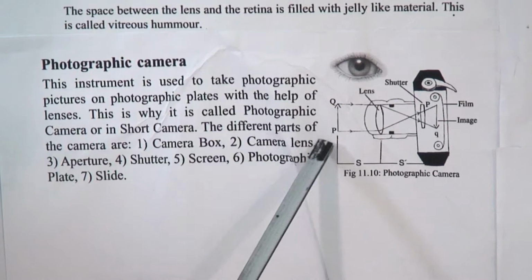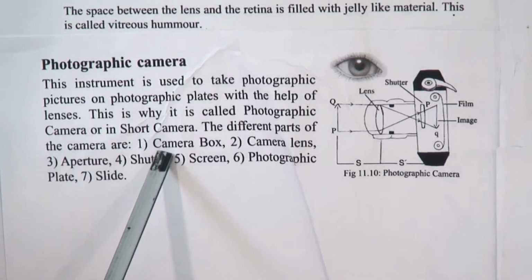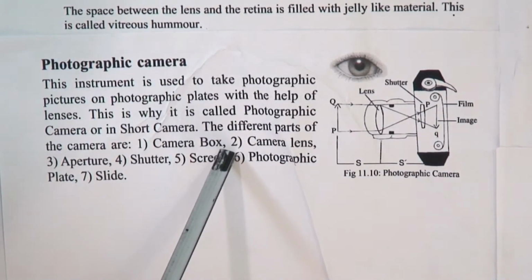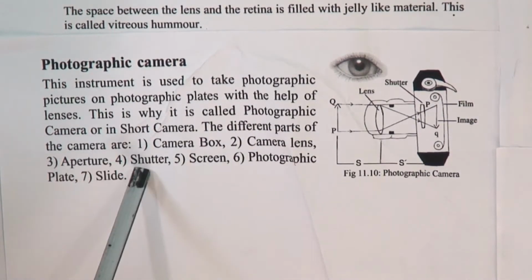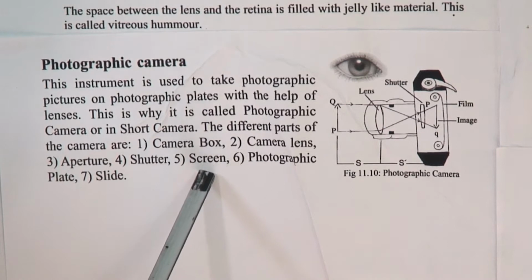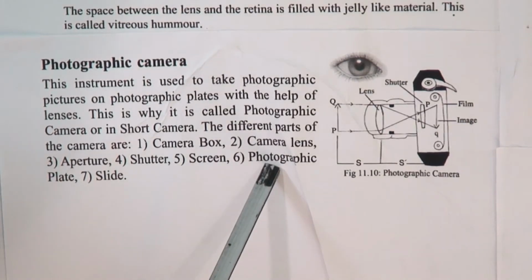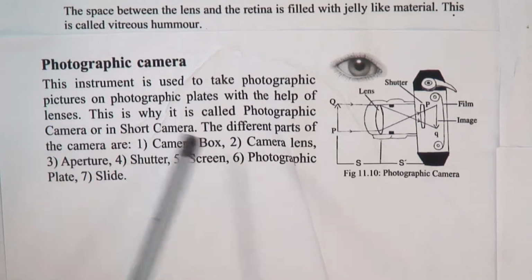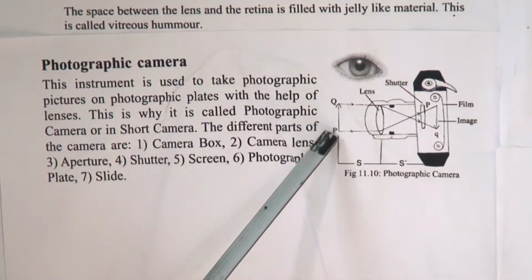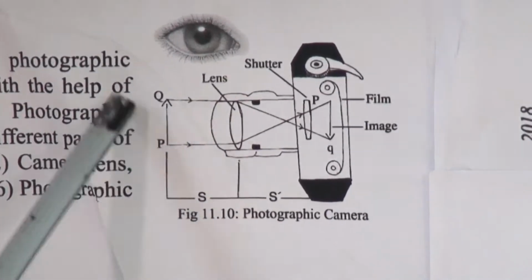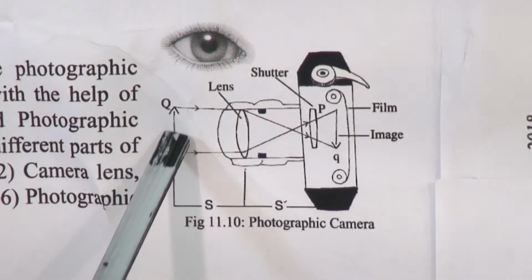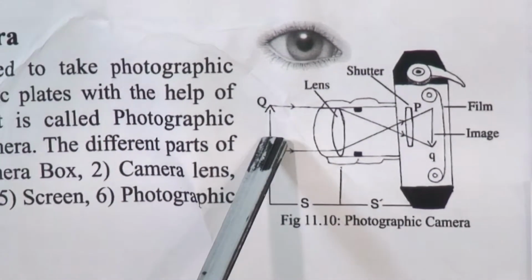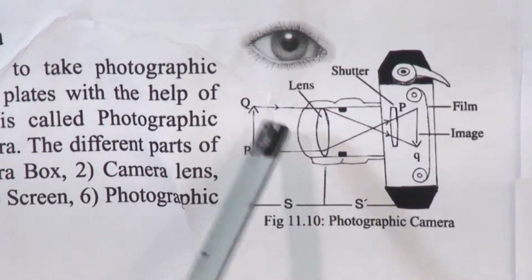The different parts of the camera are: first one is the camera box, second one camera lens, third one aperture, fourth one shutter, fifth one screen, sixth one photographic plate, and seventh one slide. Dear students, this is the picture of a photographic camera, and this is the object of which we want to take the picture.